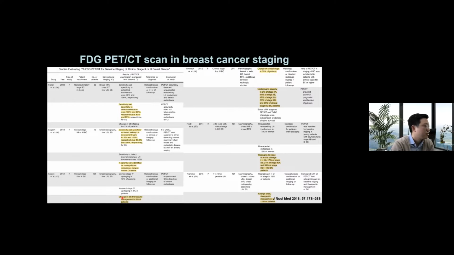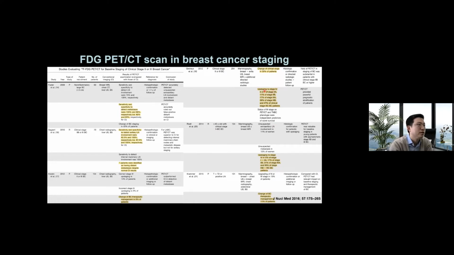And in this study, importantly, the therapeutic management was changed in 8% by FDG PET scans. And in this case, clinical stage was changed in 30% of the patients using FDG PET scans. And all cases were upstaging, so FDG PET is finding occult metastasis.